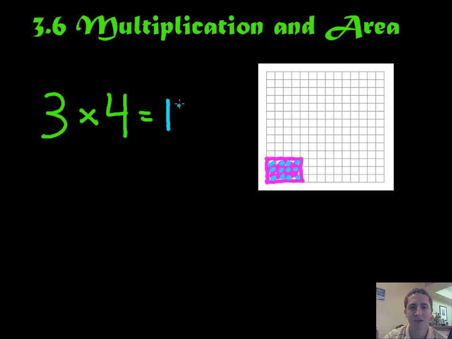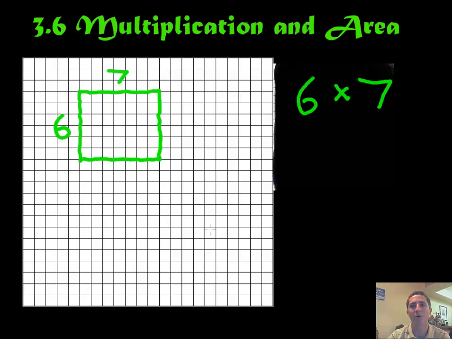So when I have 3 times 4, that equals 12, because that takes up 12 squares of my surface, or 12 square units of my surface area. So if I have a shape that's 3 by 4, the area, 3 times 4, of that shape is going to be 12. Let's look at another example together.